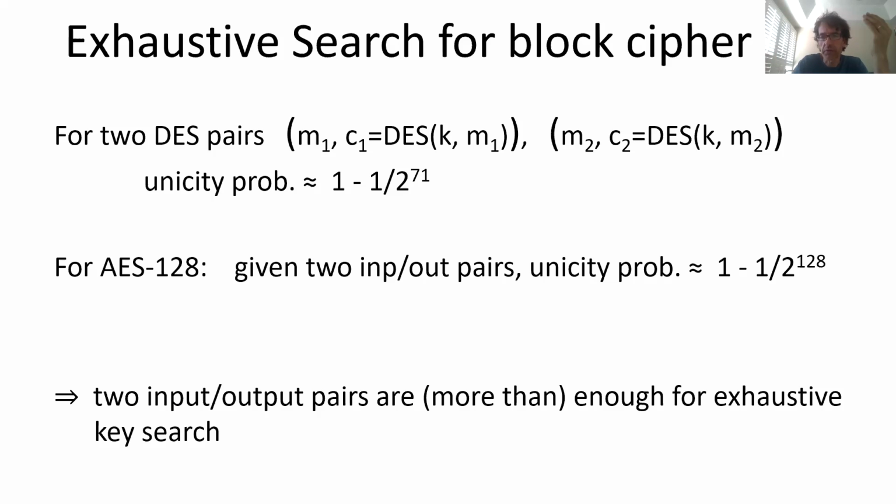So you get 2 to the 128 minus 56. Okay, and so therefore, 2 message-ciphertext pairs are more than enough to say that if you find a key that maps them correctly, then you can rest assured that it's a correct key.